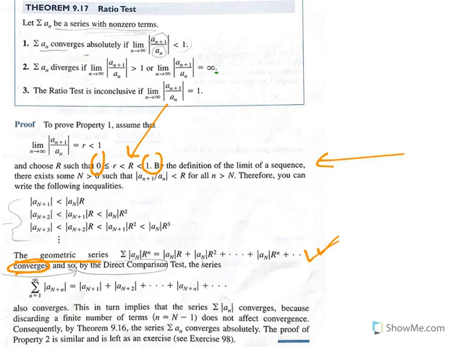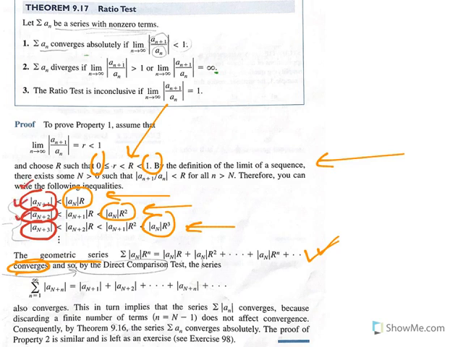So we know that this is a geometric series that converges, and if you look at each of these inequalities, you are doing a direct comparison between the terms of your convergent geometric series and the terms of another series.